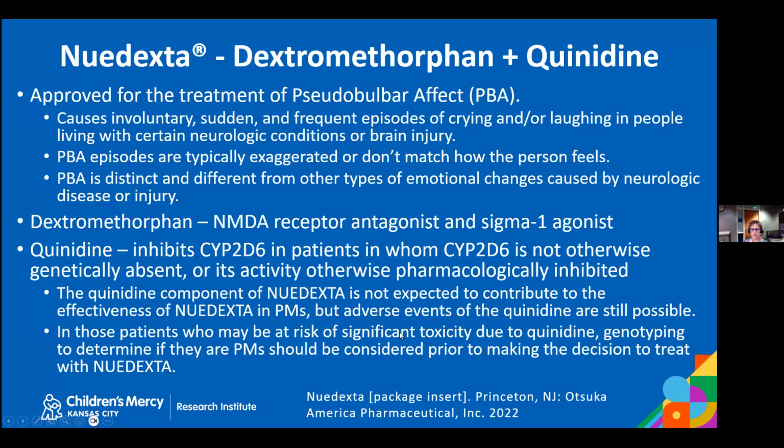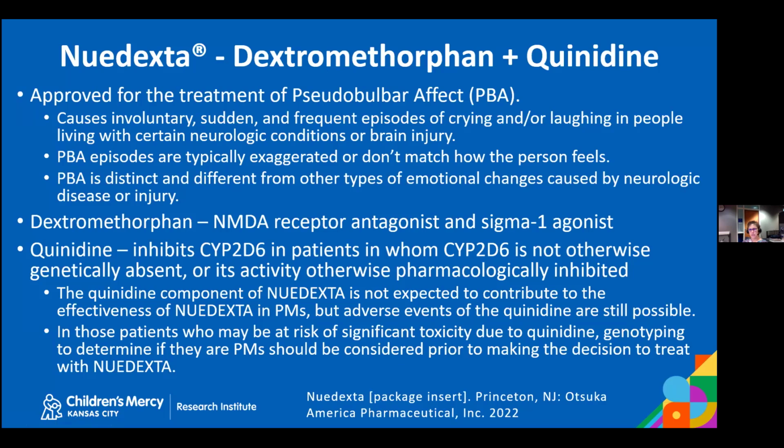Nuedexta is a new drug product that I was very unfamiliar with, but when looking it up, found out that this is a drug combination that utilizes dextromethorphan plus quinidine. The quinidine in this drug combination is being used as a CYP2D6 inhibitor.